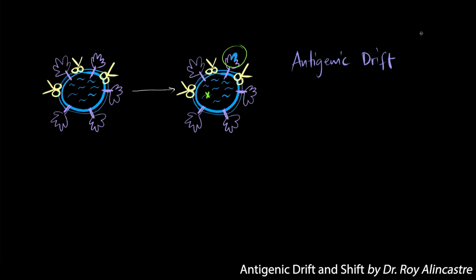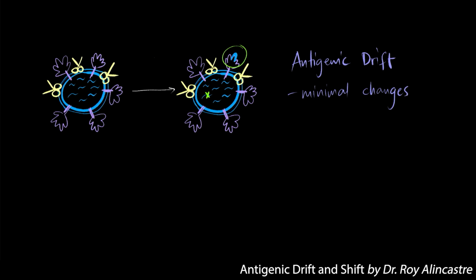Okay? Because these are only minor antigenic changes, immunization with this strain of influenza can still give protection to the host, because the antibodies formed against this specific virus will still be able to recognize the virus. Because the changes are minimal.